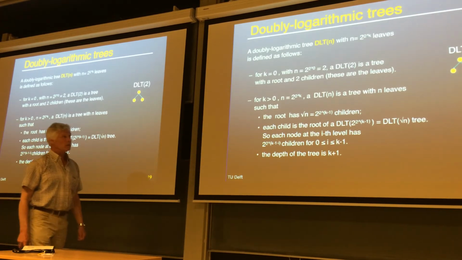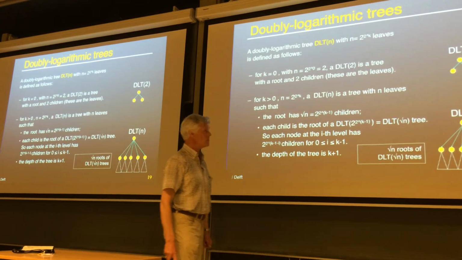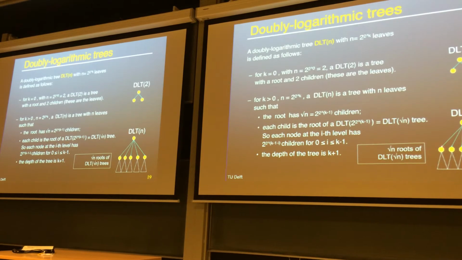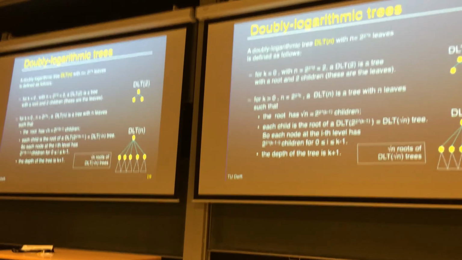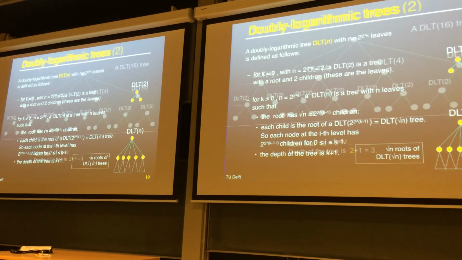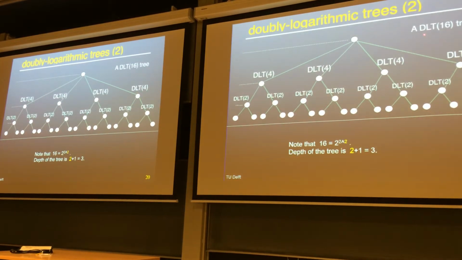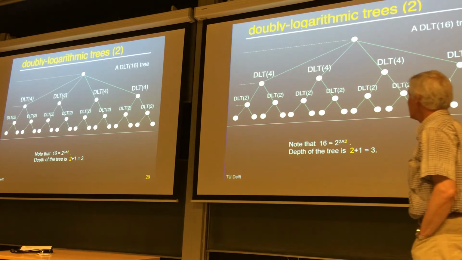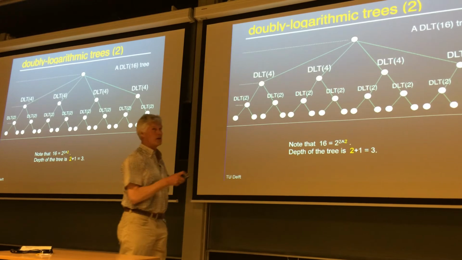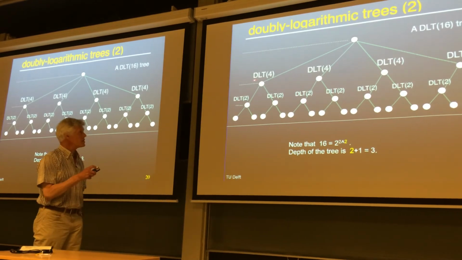Let me give you an example. Here we have DLT2. Here we have a DLTn, and a DLTn consists of a root having square root of n children, and each of these children is the root of a DLT square root of n tree. Yeah? Very concrete example. Here a DLT16 tree, one root having 4 children. 4 is the square root of 16.